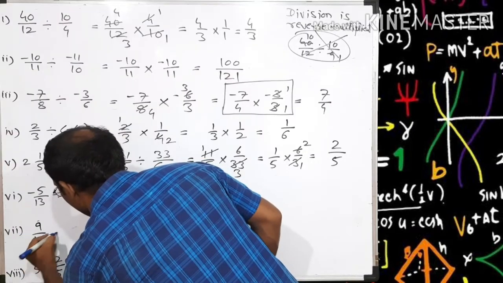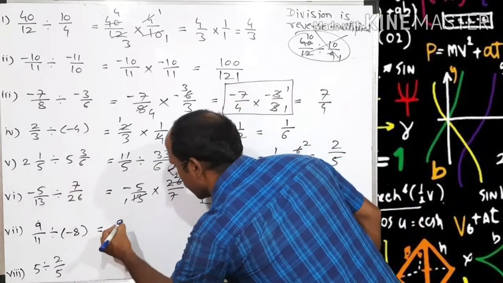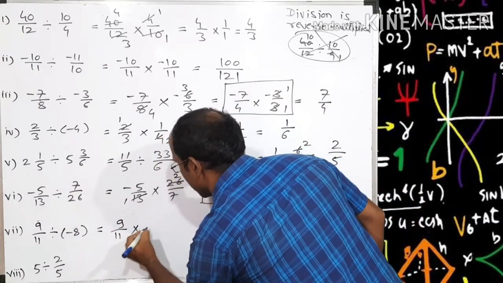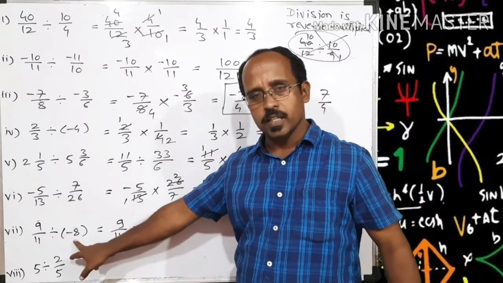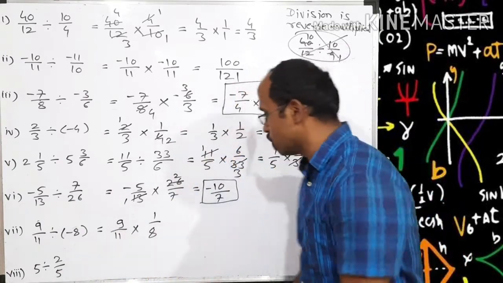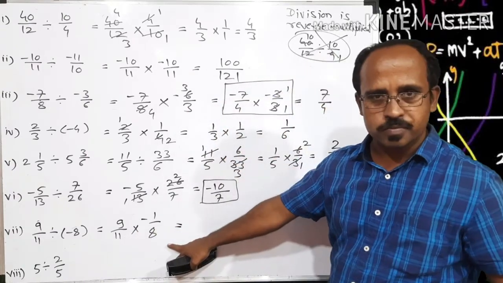9 upon 11 divided by minus 8, which is nothing but 9 upon 11 multiplied by 1 upon 8. The reciprocal of 8 is 1 upon 8. As it is negative, give a negative symbol to the numerator. Clear up to this?